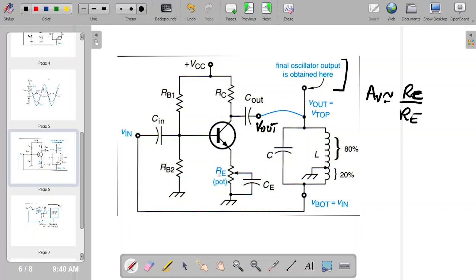Here it's controlled by a potentiometer, so that you can change it. And what you want to do is make sure that the voltage gain is such that the transistor works as a class A amplifier, so that it's in its linear state. You don't want to go into cutoff, you don't want to go into saturation, so you have to play with that pot in order for the voltage to be just above the 10 volts.